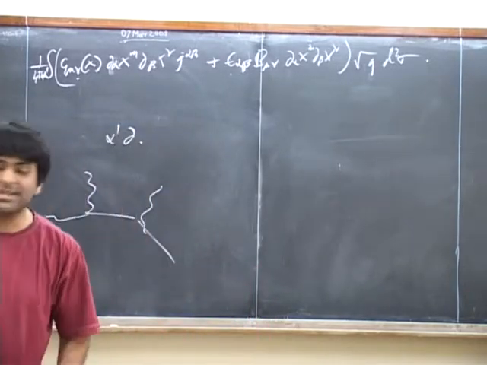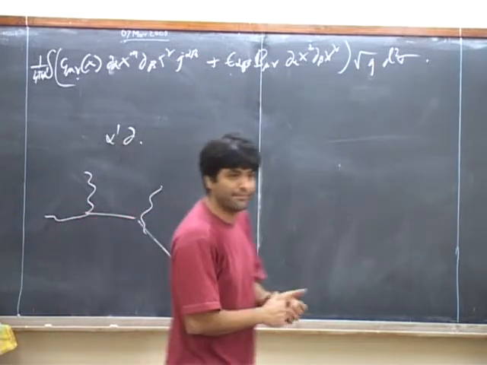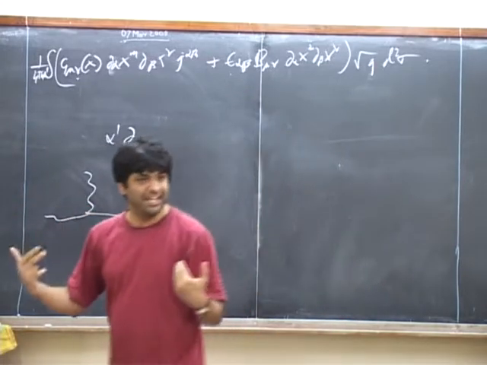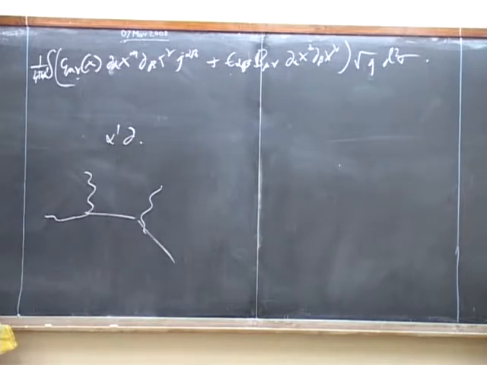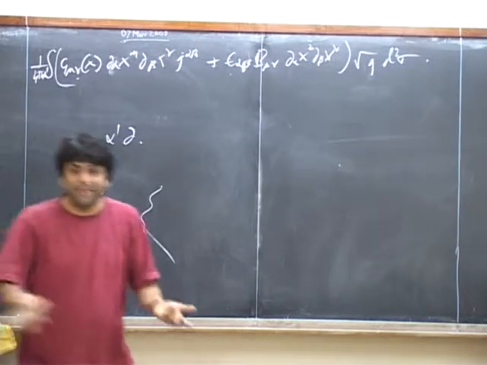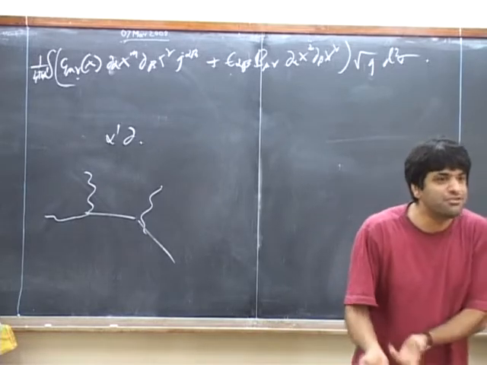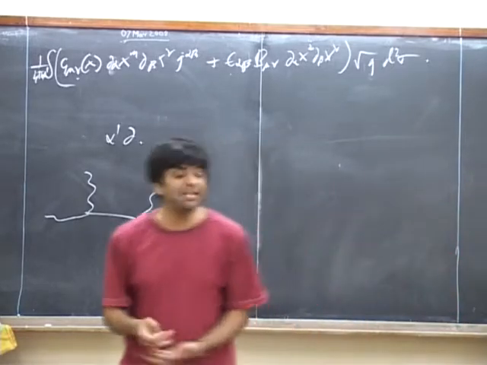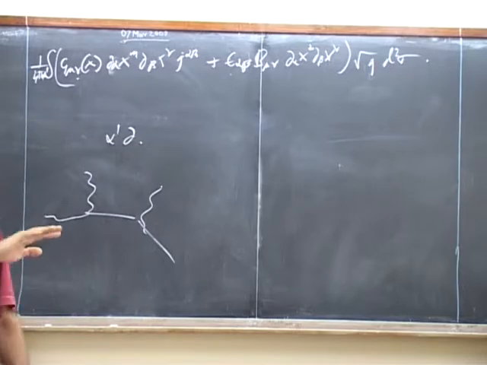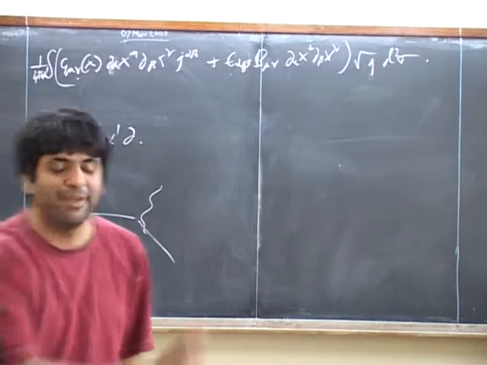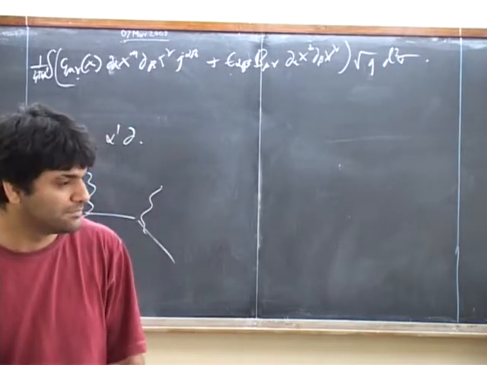Okay? Let me say this again. Classically, the set of classical solutions of string theory can plausibly be identified with the set of all c equals 26 conformal field theories that obey a few additional restrictions.